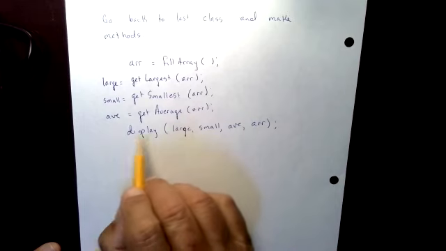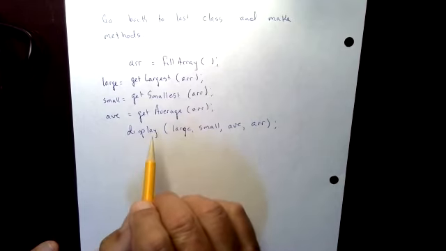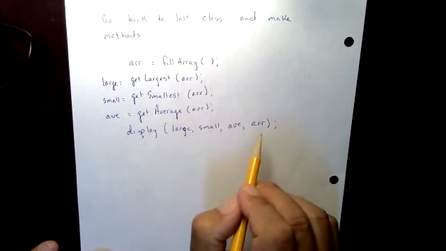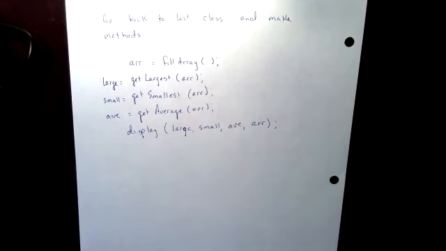And then finally, I'm going to have a void method called display that I'm going to send in the largest, the smallest, the average, and the actual array so that I can display the 10 numbers. Now, as some of you know, this is really similar to what you're doing in 7.1. But now that we're covering it, I'd like to make sure you go and make 7.1 use arrays, because what you're going to get tomorrow with 7.2 is going to add to this a little bit more.